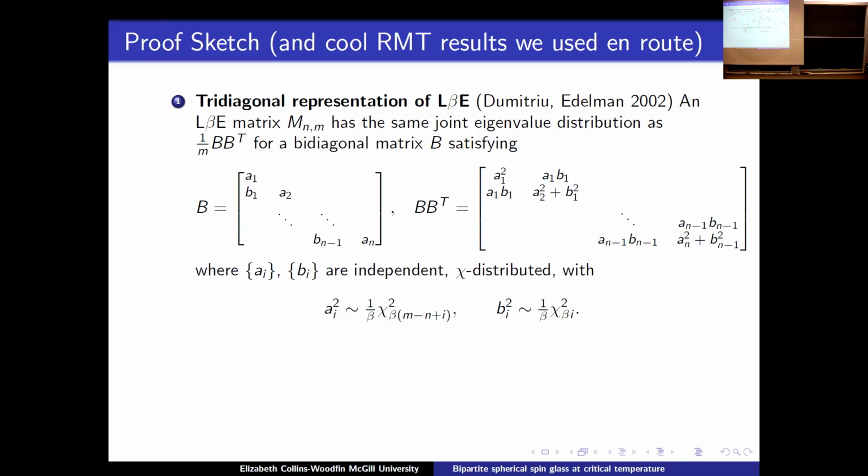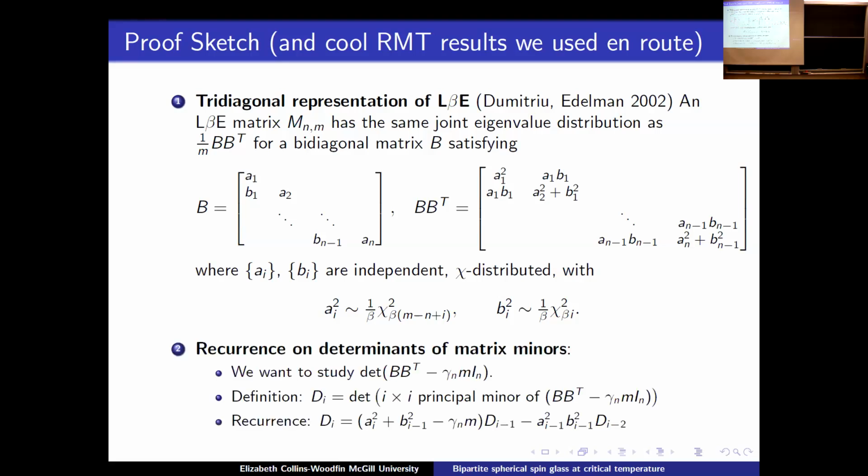So they change as you go down. They change based on the index. Right? And then you take this one times its transpose, and that makes a tridiagonal matrix. And this one has the same joint eigenvalue density as the Laguerre beta ensemble. And so that one is the basis for this analysis.